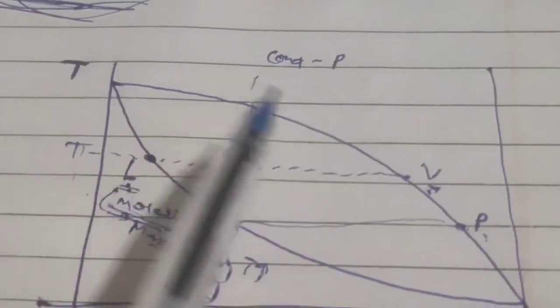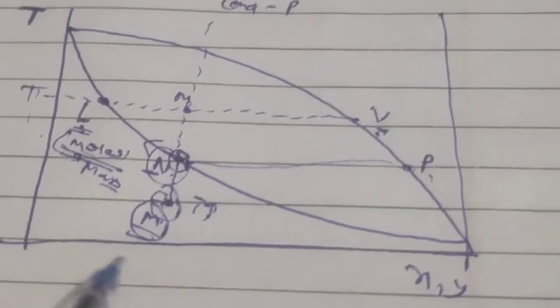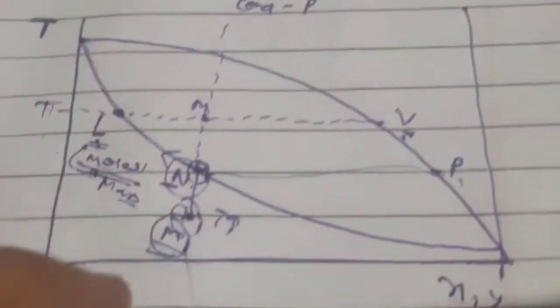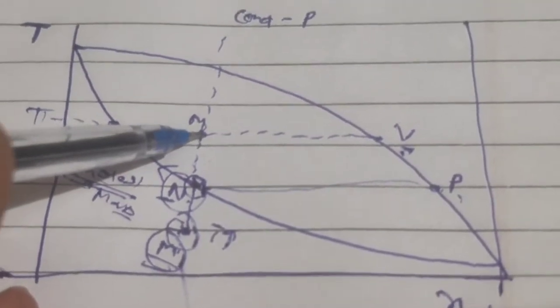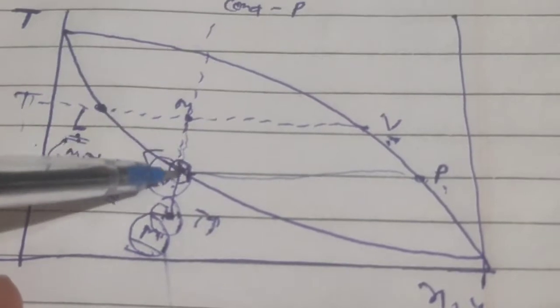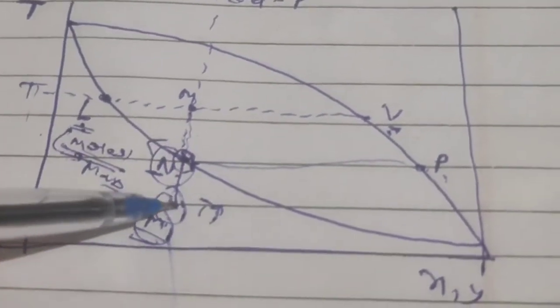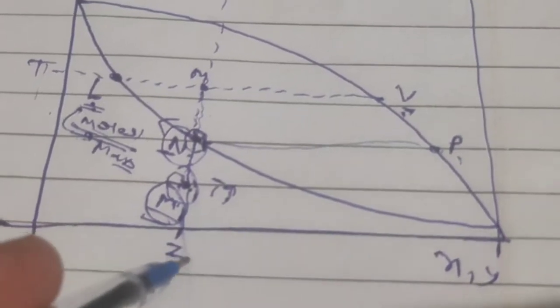Now here comes a very important thing, because you know that this axis is the axis of mole fraction. So what is the mole fraction at this point? The mole fraction here will be the mole fraction of our initial feed, which I call ZF.